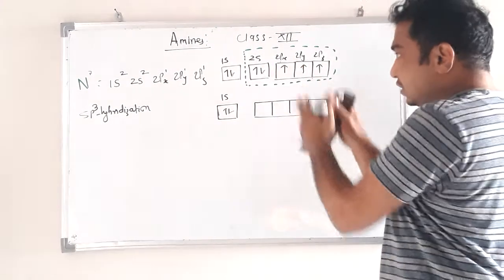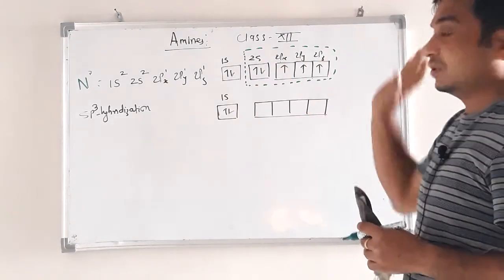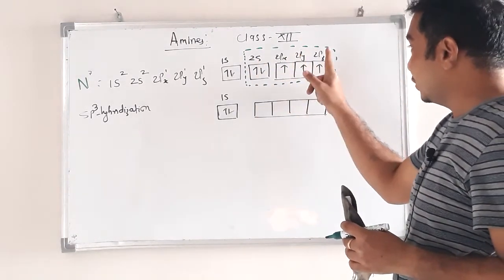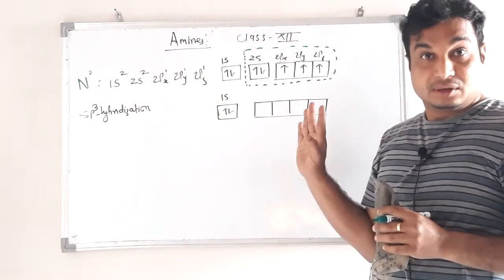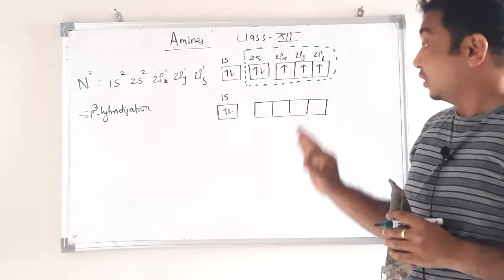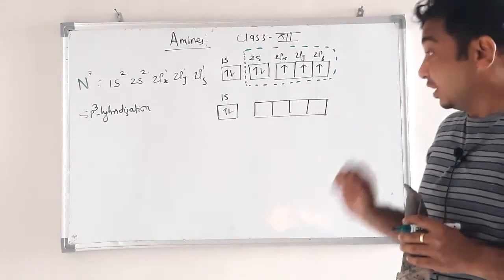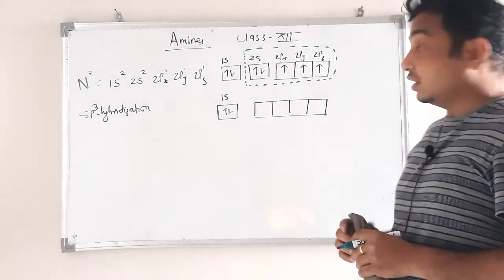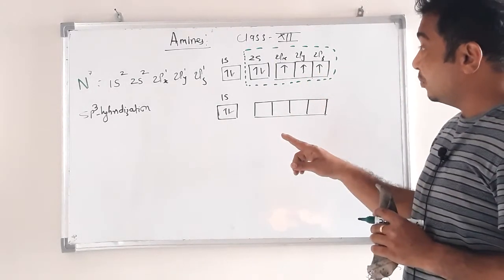Now, initially before mixing, the orbitals 2s, 2px, 2py, 2pz are different, their geometry is different and their energy also differs. How many orbitals have we mixed? 4.